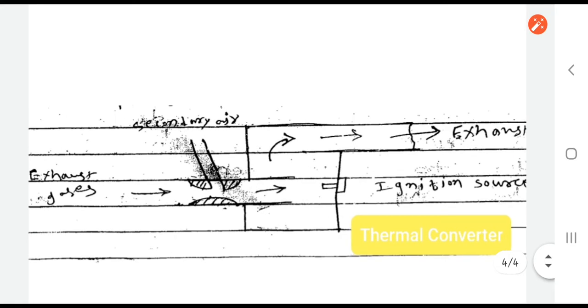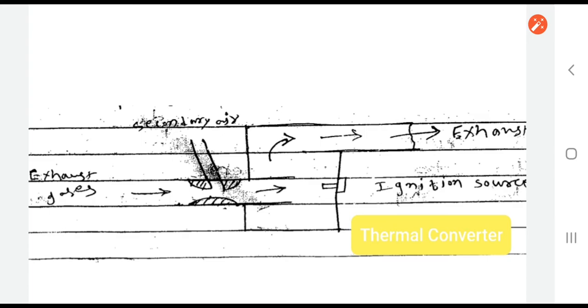In the thermal converter chamber there is an ignition source. The main function of the thermal converter chamber is what? It increases the temperature of the exhaust gases to more than 700 degrees Celsius. Meaning, exhaust gases which come out from the engine cylinder come inside the thermal converter, where their temperature increases to more than 700 degrees Celsius.